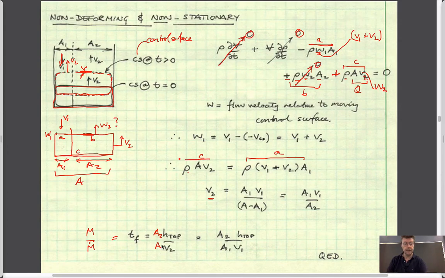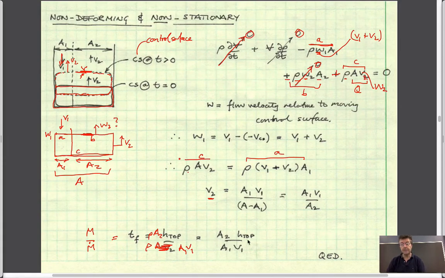It's actually, let's take this out. It's A1 V1, right? Mass rate in is density times A1 V1. Mass rate total is the height times area 2 times the density. And if you rearrange this equation, you end up with exactly the same expression that we had before.